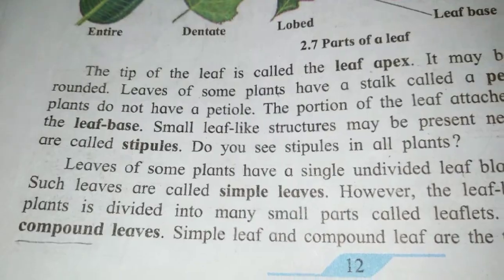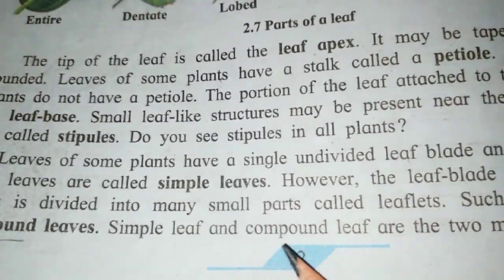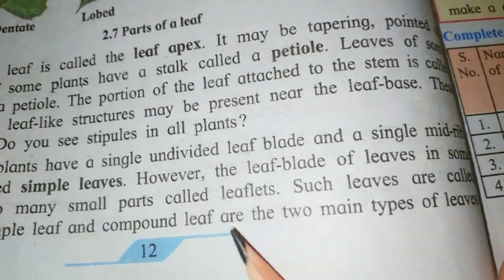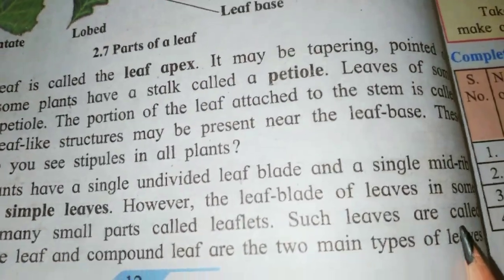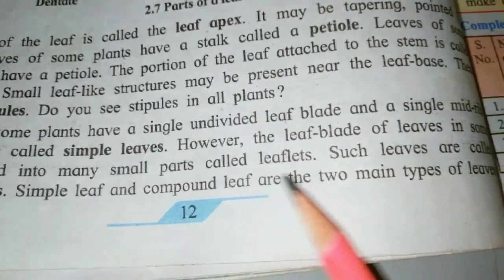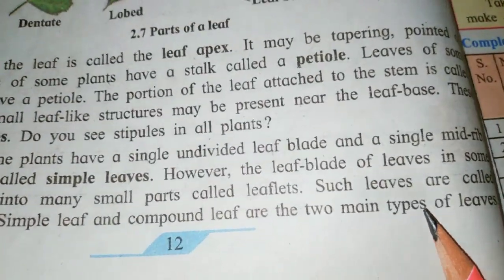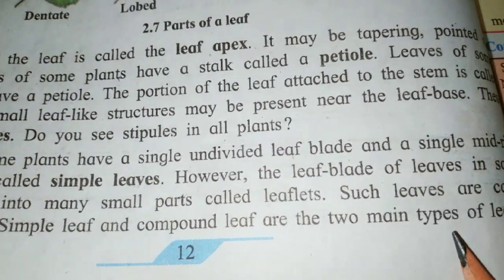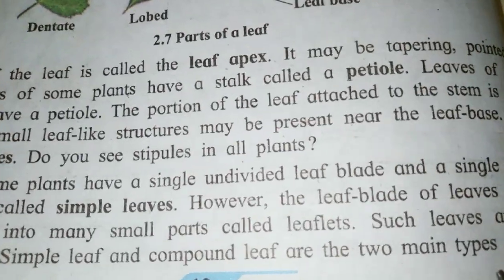Consisting of several parts. Simple leaf and compound leaf are the two main types of leaves.